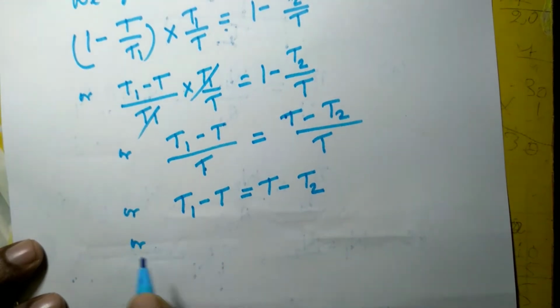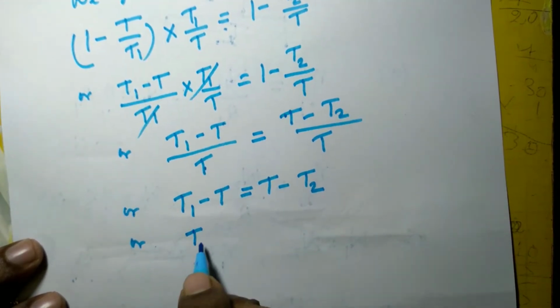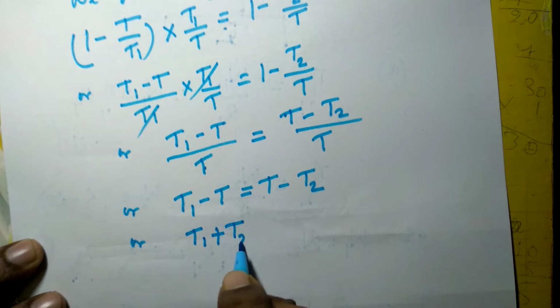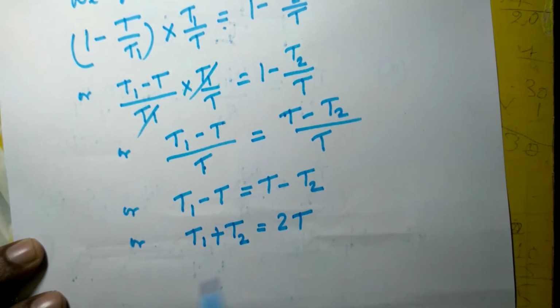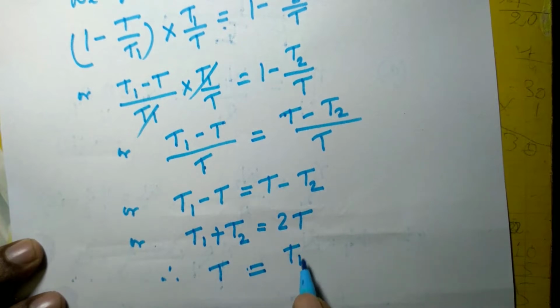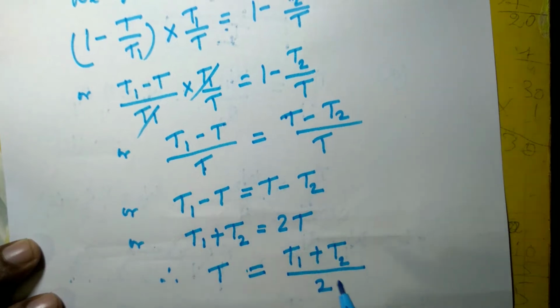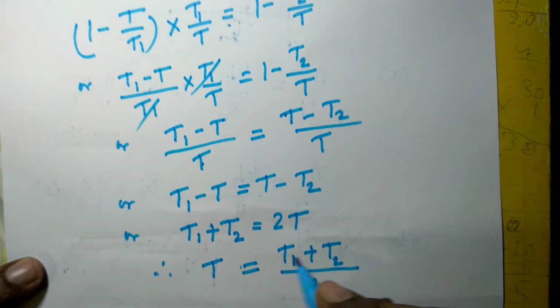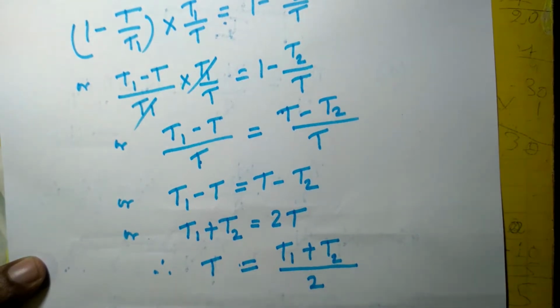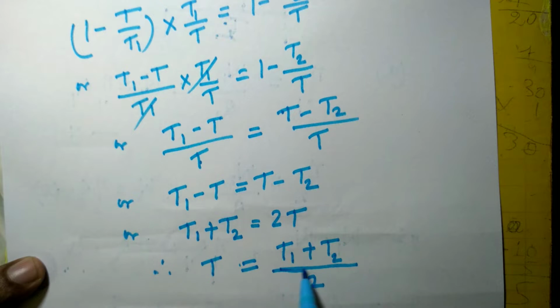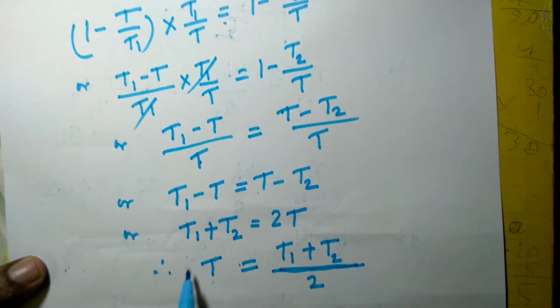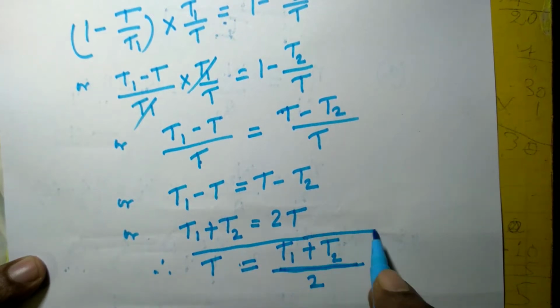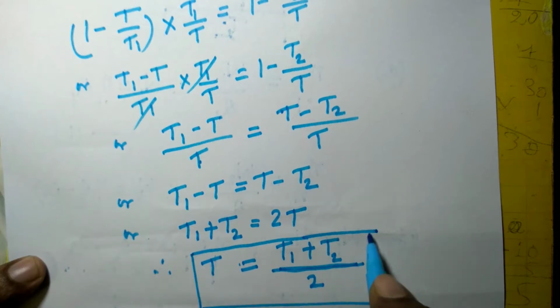From this, by bringing T to one side, T becomes the arithmetic mean of the two temperatures T1 and T2, because we proved that T is equal to T1 plus T2 whole divided by 2. That means the intermediate temperature T is the arithmetic mean of temperatures T1 and T2.